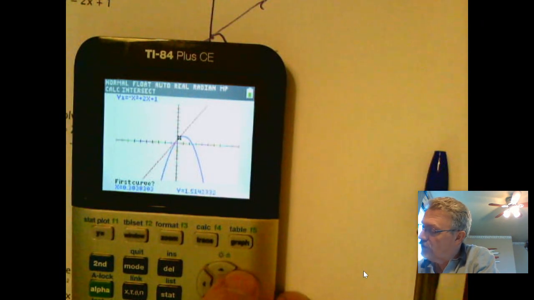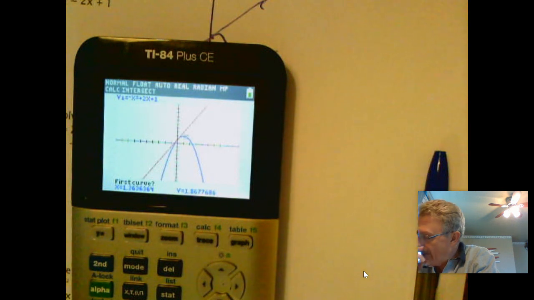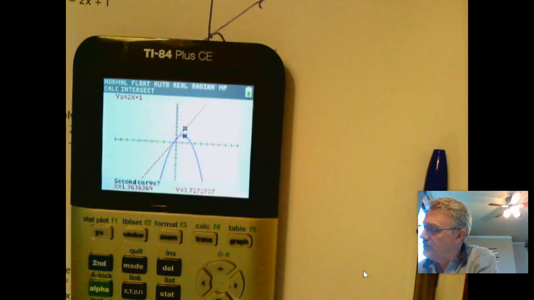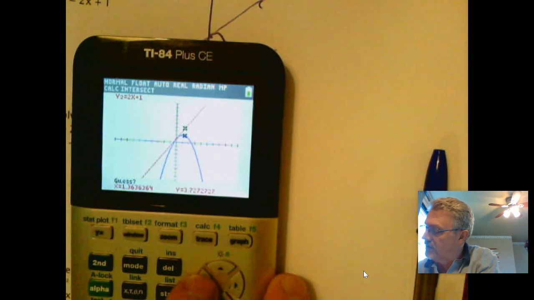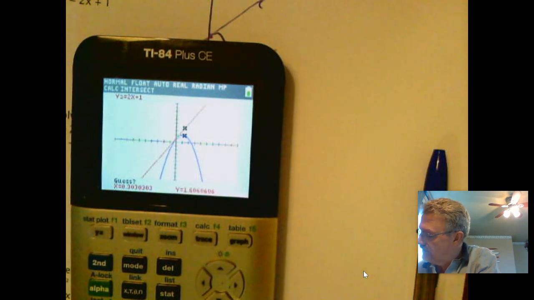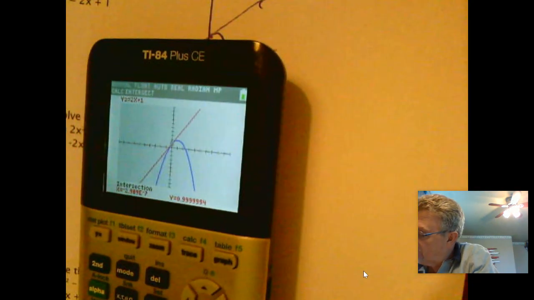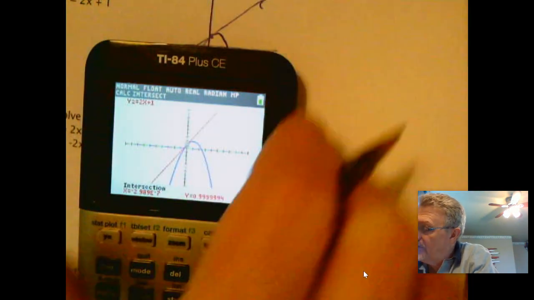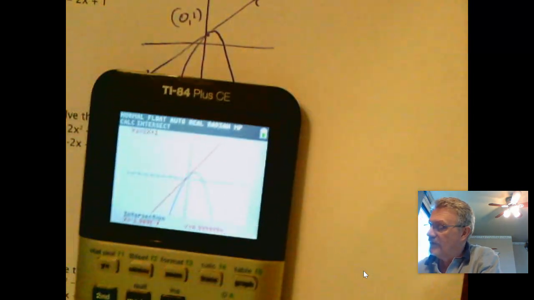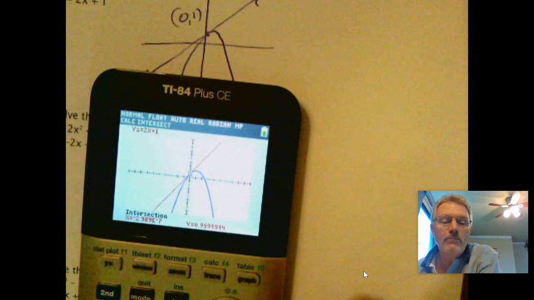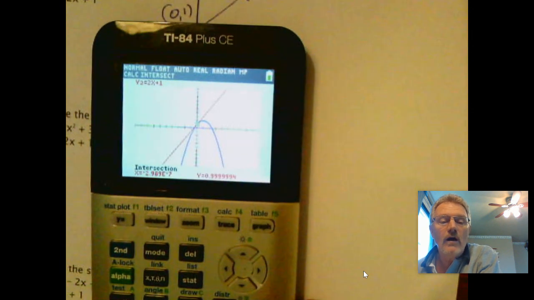First curve, it's on the parabola, so I choose enter. Second curve, it automatically moved to the line, so I hit enter and guess. So the solution is 0, 1. Even though that doesn't look like 0, 1, they both do round to 0, 1.